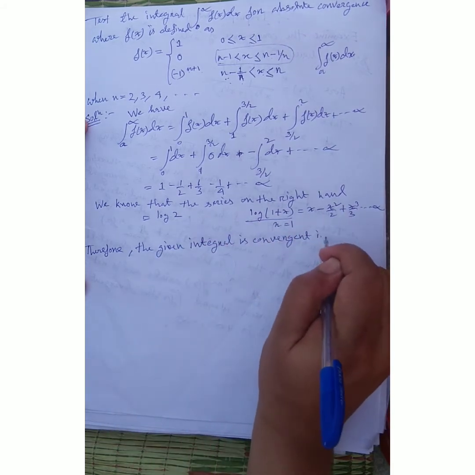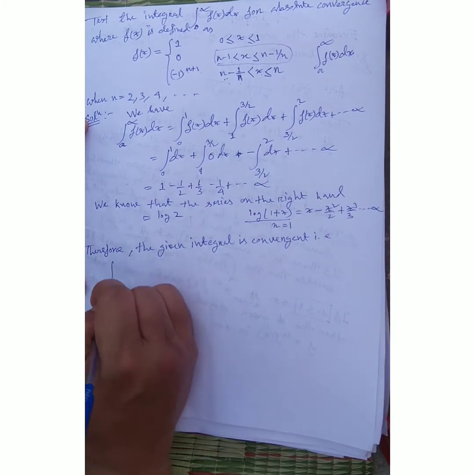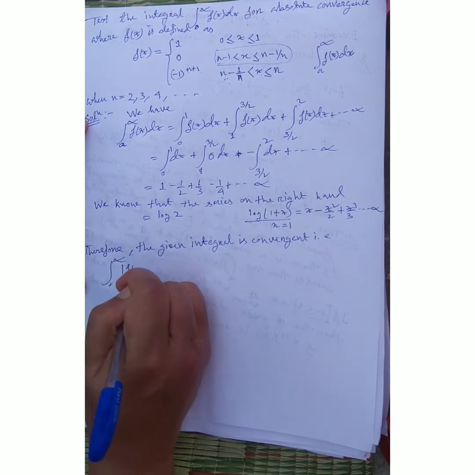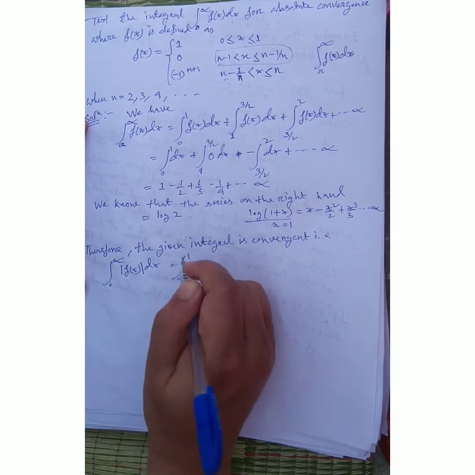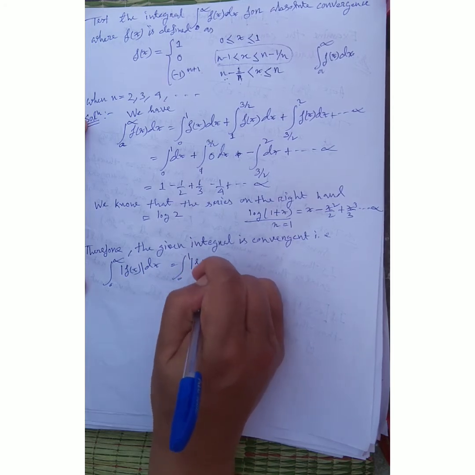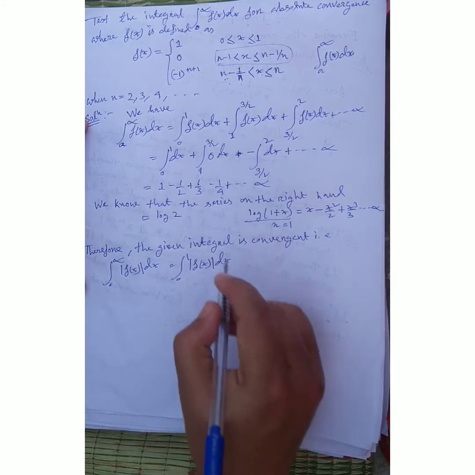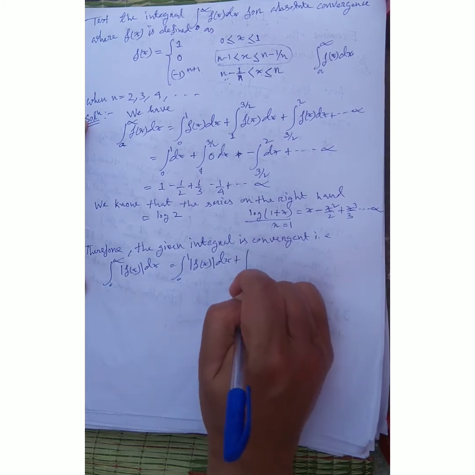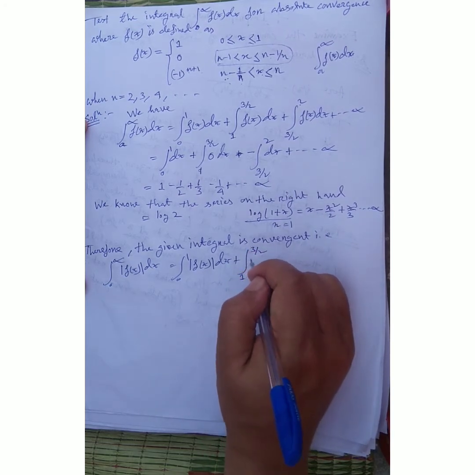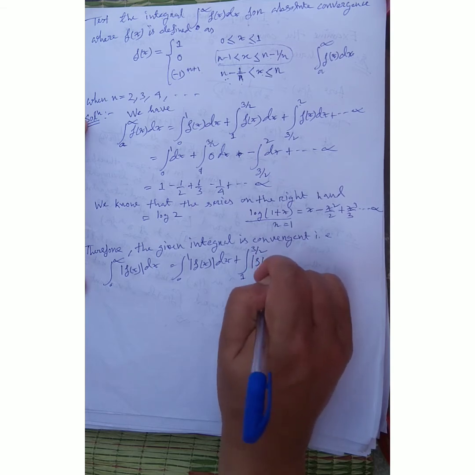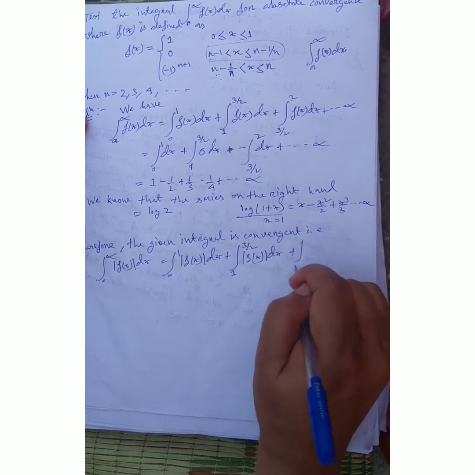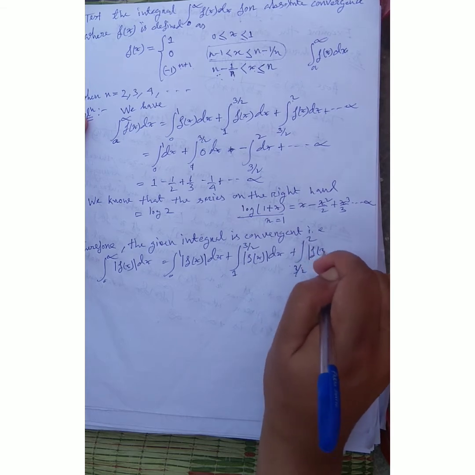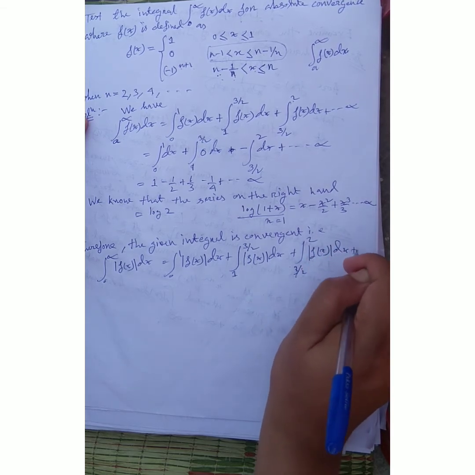The integral from 0 to infinity of mod f(x) dx is equal to the integral from 0 to 1 of mod f(x) dx plus the integral from 1 to 3/2 of mod f(x) dx, and so on.